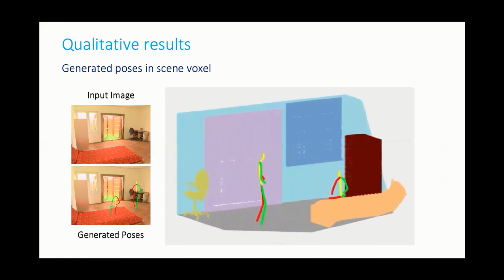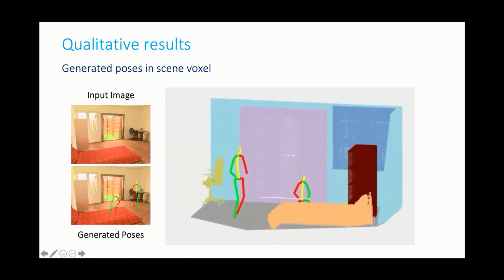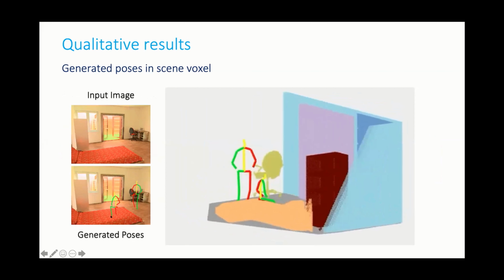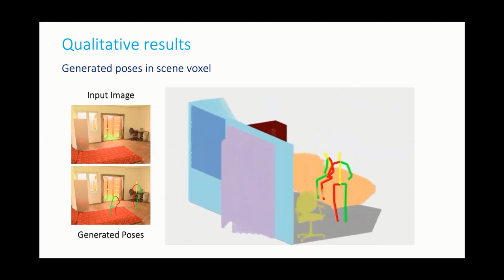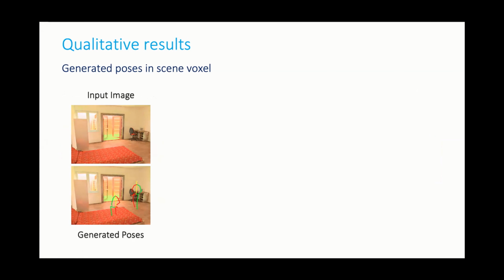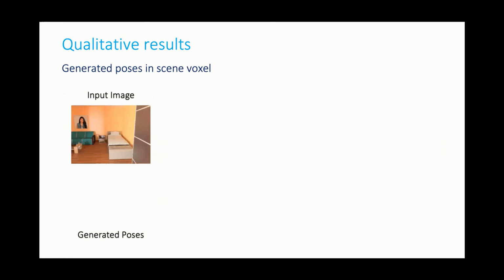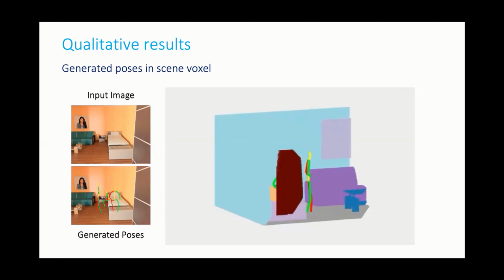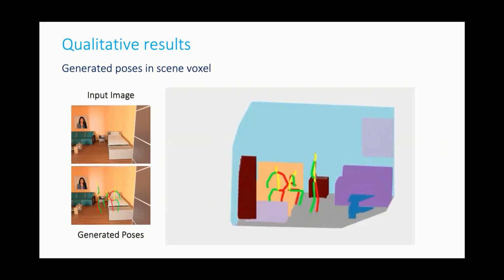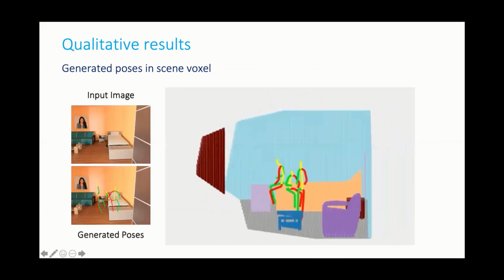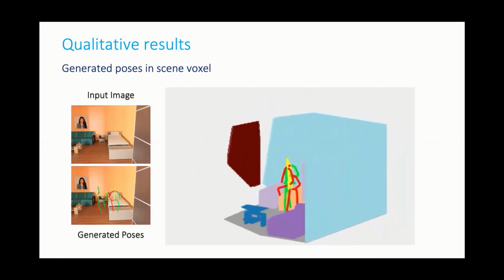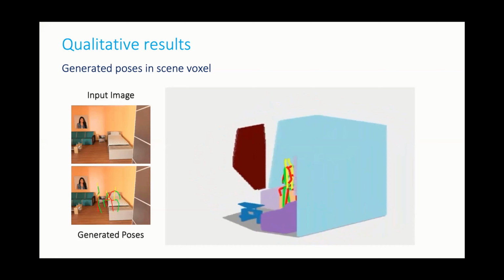Given an image, we can synthesize and generate the pose. These are some additional results: given one image and this scene, we can insert 3D pose in the scene realistically.